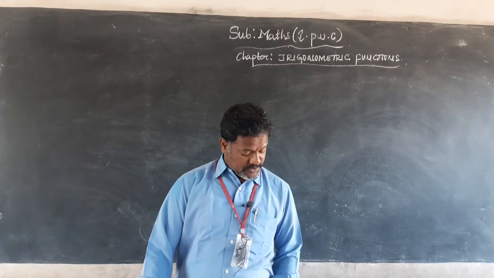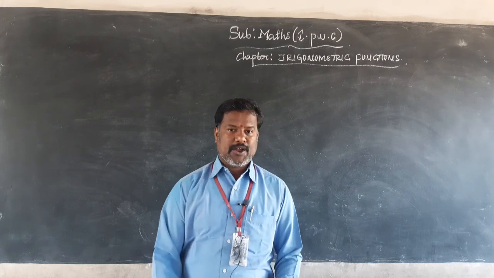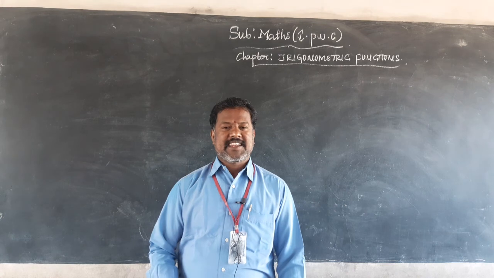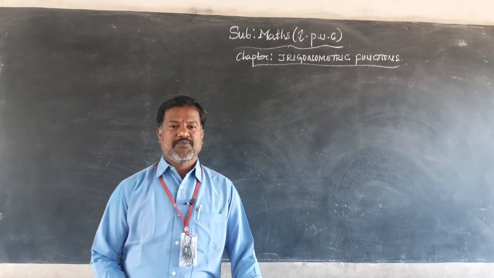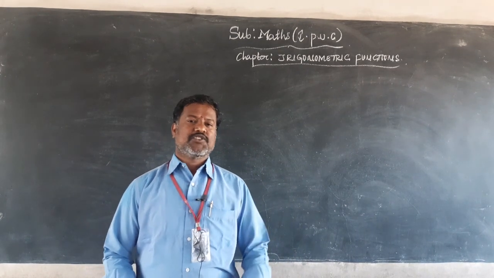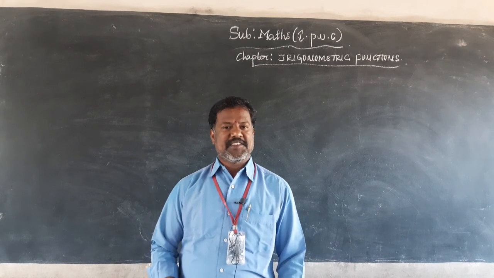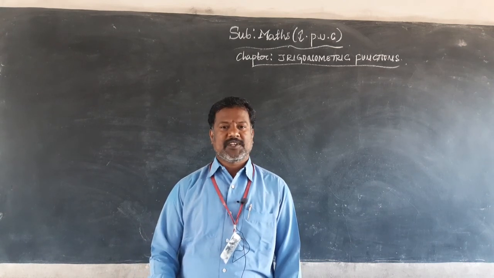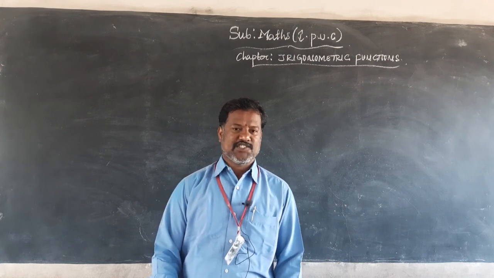In this class I would like to introduce radian measure, the formula for radian measure, and some problems based on it. After that, let us go for the prove that or show that problems in this chapter.